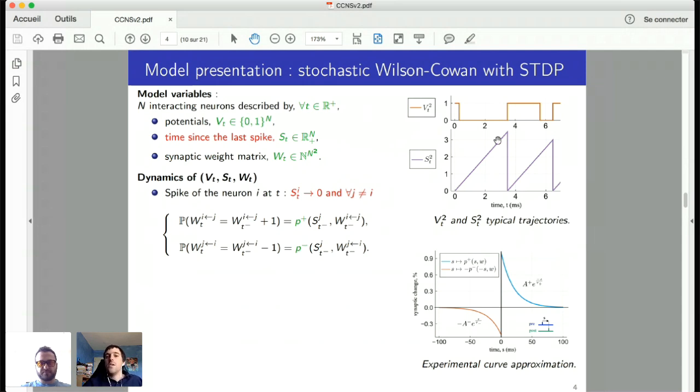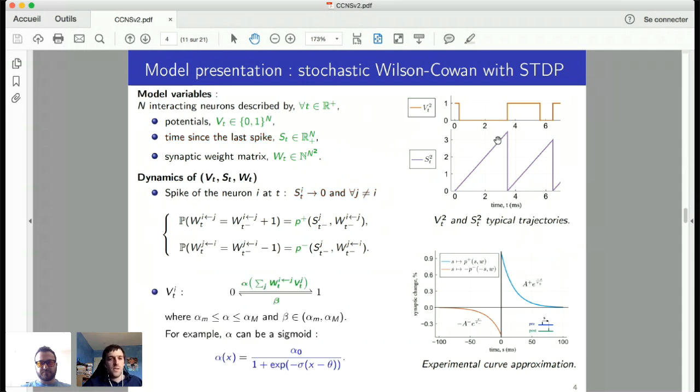So how does this V evolve? It will jump from 0 to 1 with a rate that is a function of the current weight matrix and the current neural states, and it will come back from 1 to 0 with a constant rate beta.